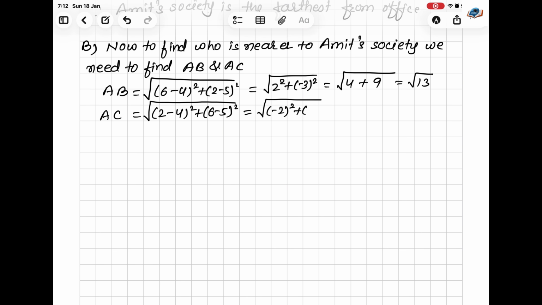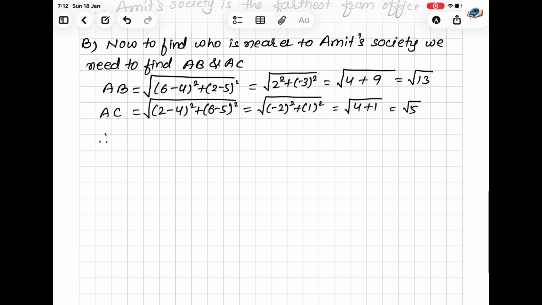So that will be (minus 2) whole square plus 1 whole square. So that will be 4 plus 1. So root 5. So I can say therefore Amit's home is farthest from.